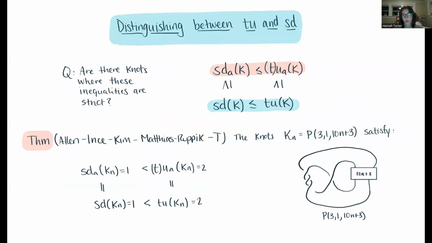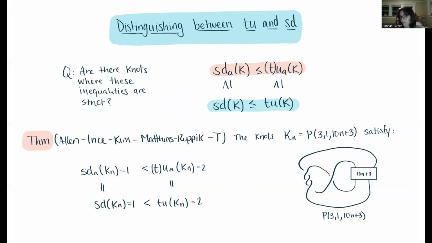Right. And so the way that this theorem is framed is in trying to distinguish between the Surgery description number and the untwisting number. And the knots that we'll use are these pretzel knots. So we have these kind of 3 twisting regions, 3 twists on the left, 1 twist in the middle, and some arbitrarily large number of twists on the right, but they must be of the form 10n plus 3.